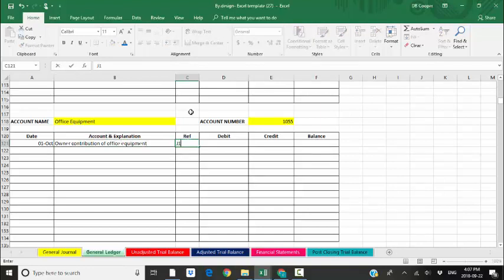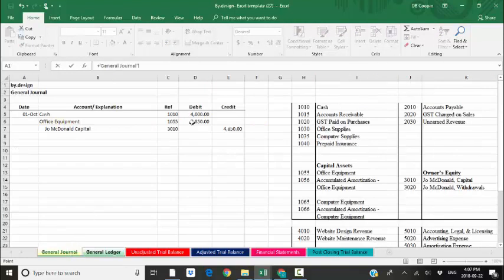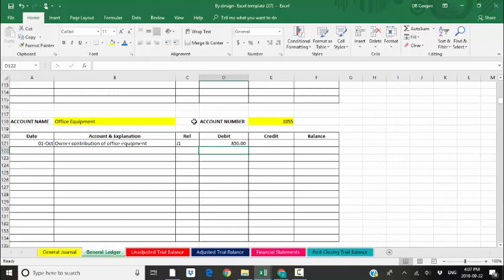Happened on the first page of my journal, so I'm going to put in J1. It's an asset too, so remember assets have a debit balance, so I'm going to debit. It has to be consistent with your journal. So there's my balance, and once again, I'll show you when we get to a different account.